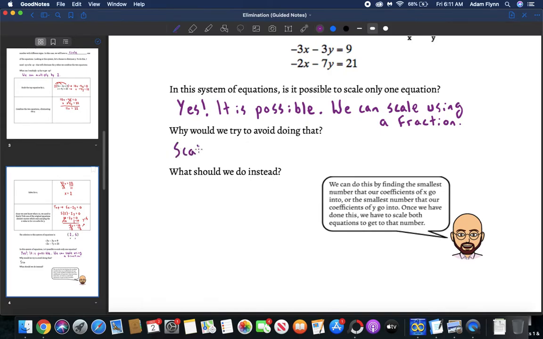We would do this because scaling by a fraction makes the problem more difficult.